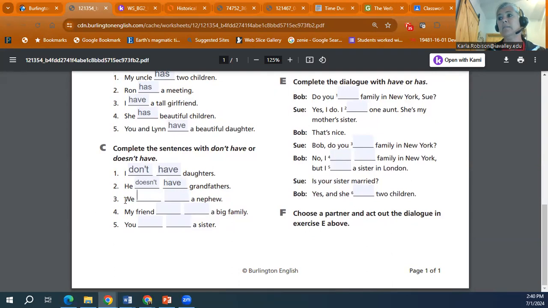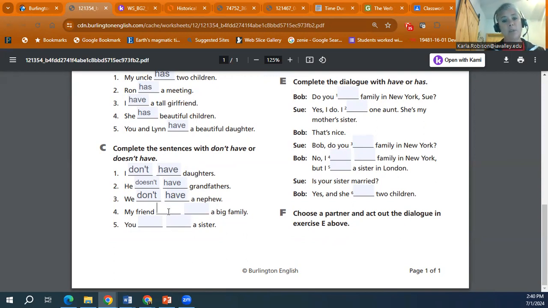Okay, again, we blank a nephew. All right, since we have the pronoun we, that doesn't match with he, she, or it, we're going to say don't. We don't have a nephew. Now, my friend.